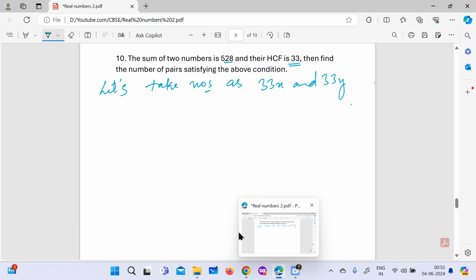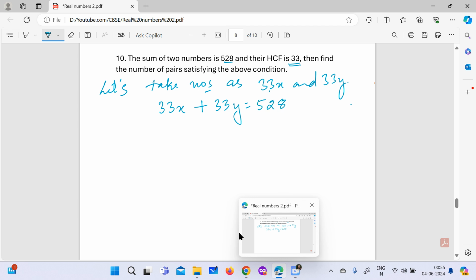So one number is 33x and another number is 33y. Now here this is given already: the sum of the two numbers is 528. So we can write this as 33x plus 33y equals 528.